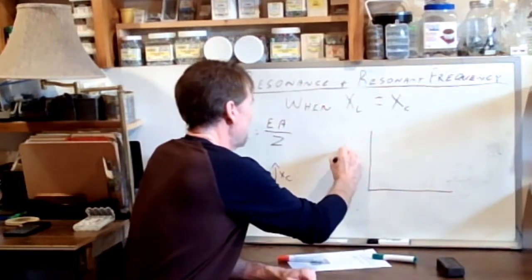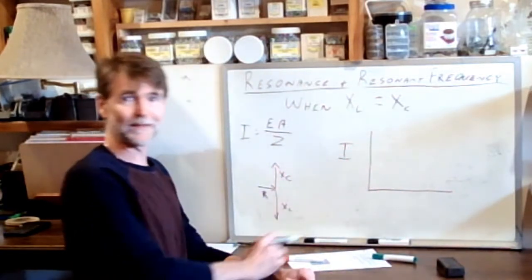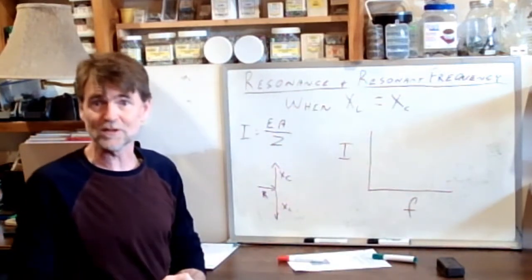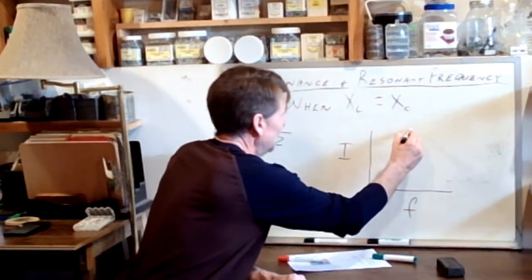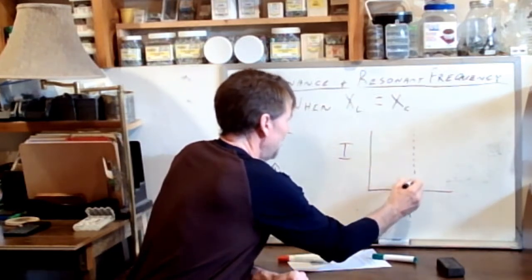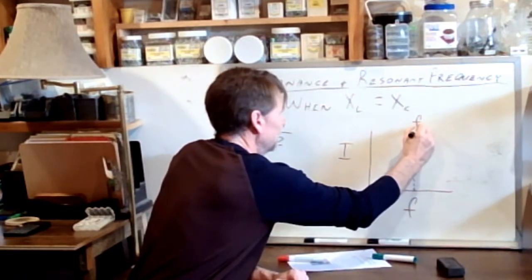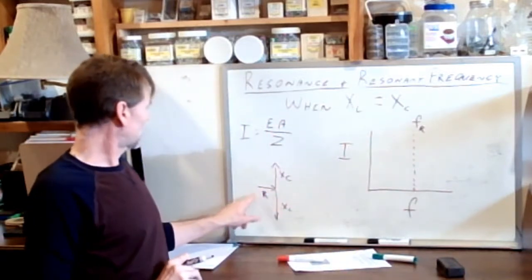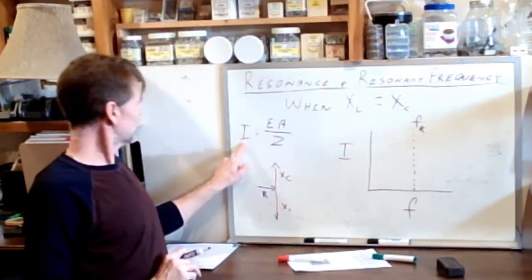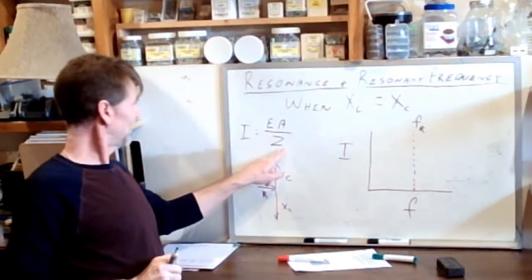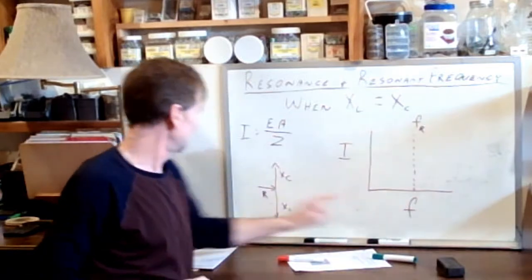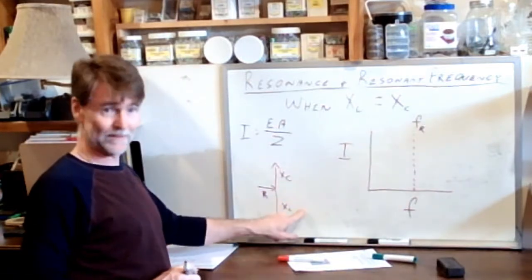If we look at the amount of current flowing through our circuit as the frequency changes, and let's say that somewhere there is our resonant frequency, our current is going to be impeded by the impedance, which when not at resonance is going to include some reactance.